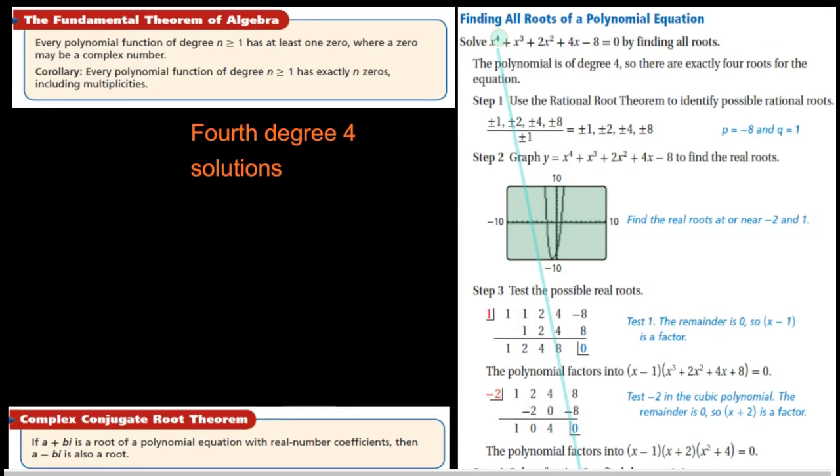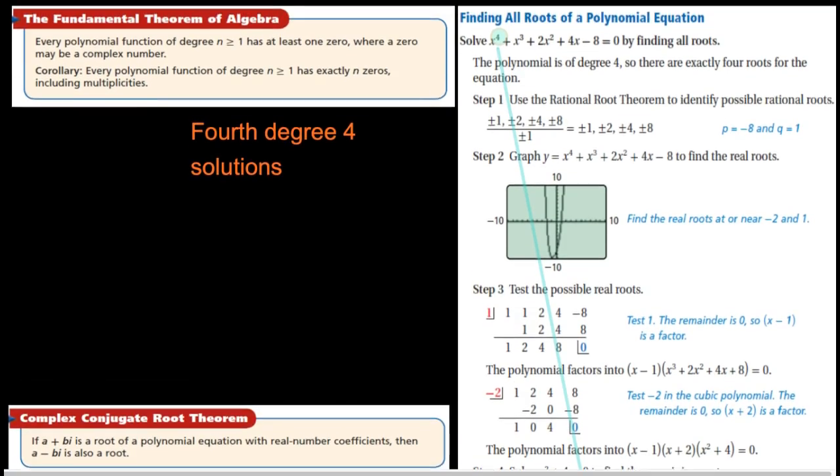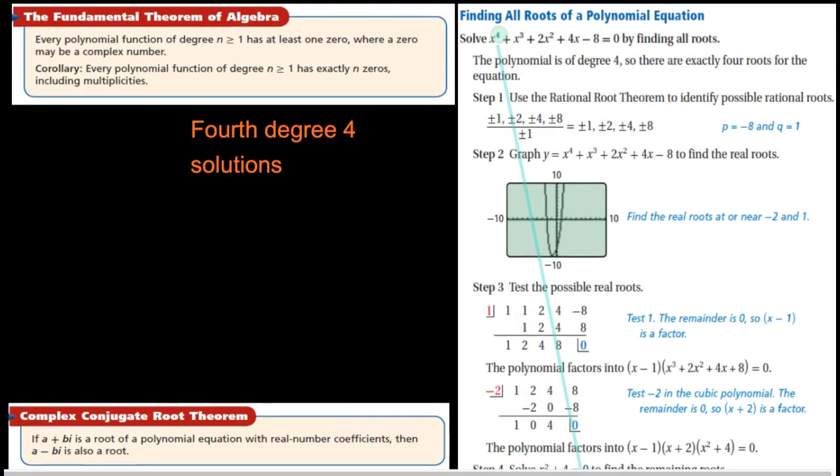This example over here to the right just highlights a scenario where that would be the case. So if you have x to the fourth, and here's all of the possible rational roots using the rational root theorem. And you can see they use a little technology so that it's not all guess and check. They start using synthetic division to factor that.